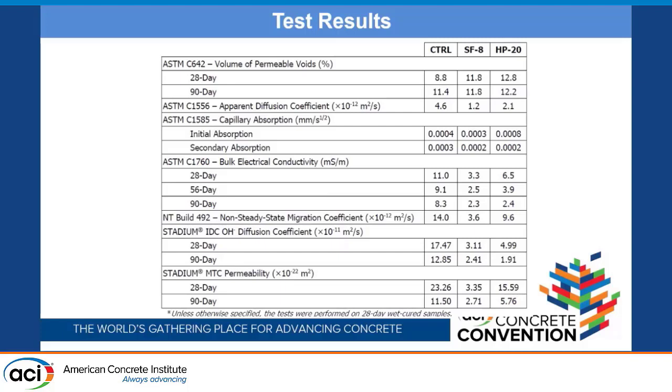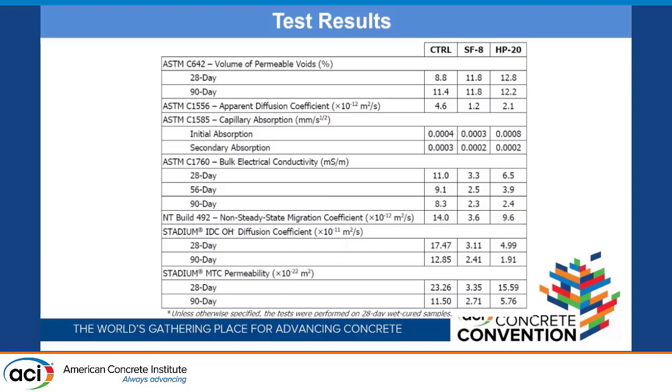Stadium values, once again, we had 28-day, and this was the ionic diffusion coefficient. I will let Richard, who talks a little bit later, go into more definition of that, but once again, it's an idea of how the ions are moving in the pore solution. It's done to hydroxide, but all these are ratioed out from hydroxide to chloride. You can see that they get lower in time, pretty much in agreement with the reduction in conductivity.